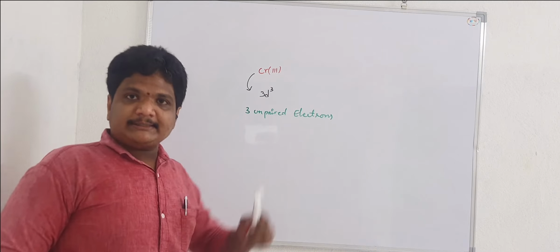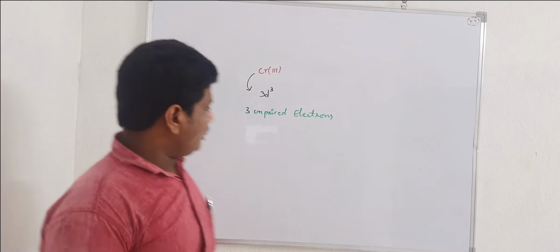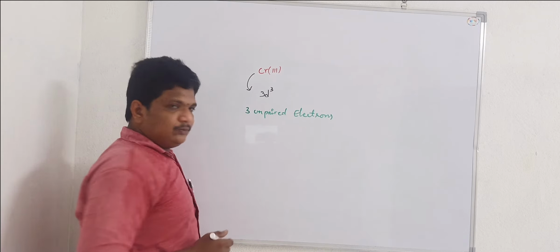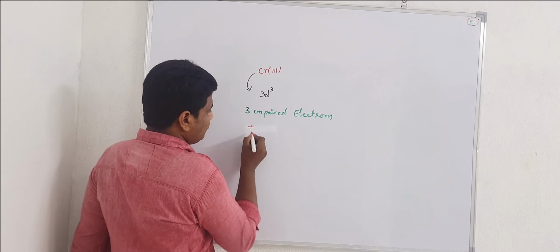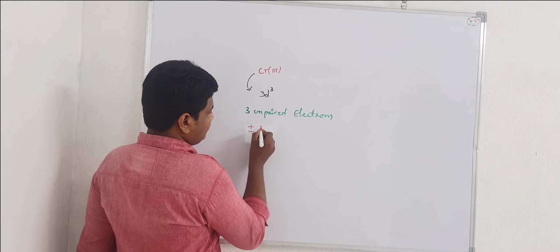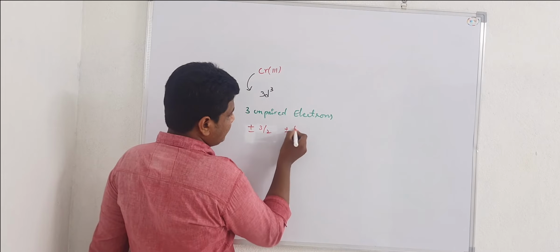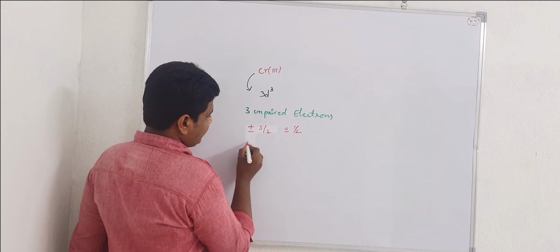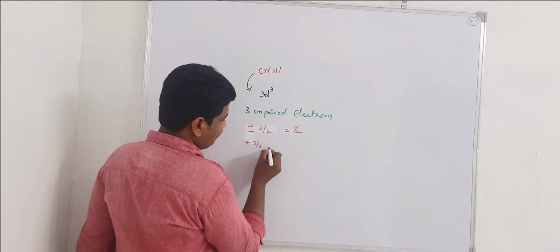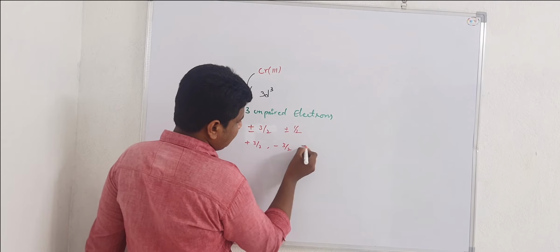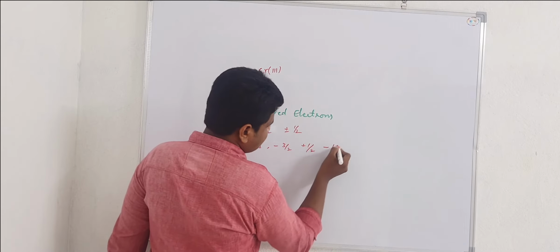Now for these 3 unpaired electrons, we can observe the spin value, that is either plus or minus 3 by 2 and plus or minus 1 by 2. So here we can observe plus 3 by 2, minus 3 by 2, plus 1 by 2, minus 1 by 2.